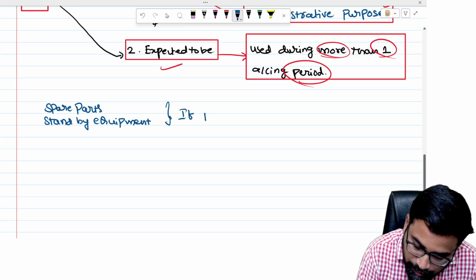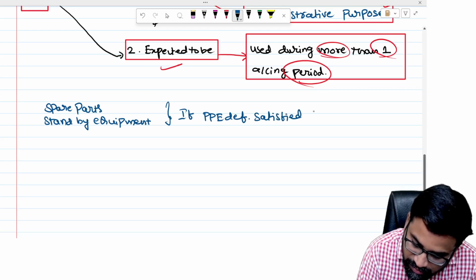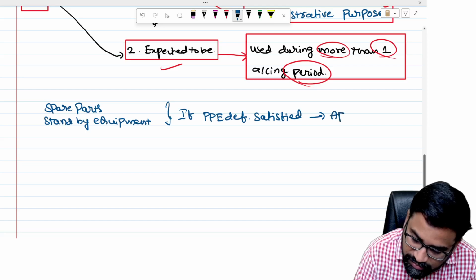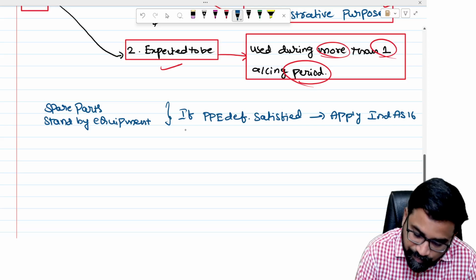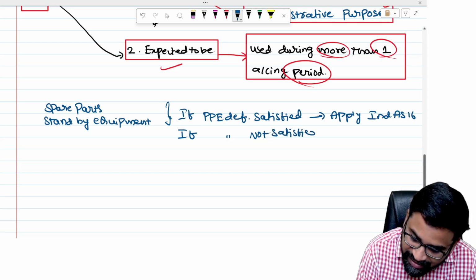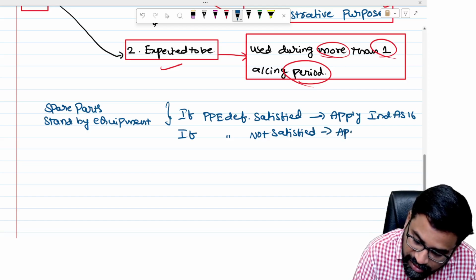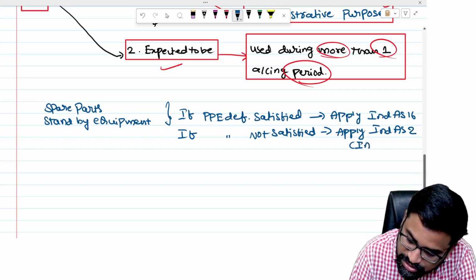If the PPE definition is satisfied, apply IND AS 16. Simple. If the PPE definition is not satisfied, then apply IND AS 2. That means they will be considered as inventory.